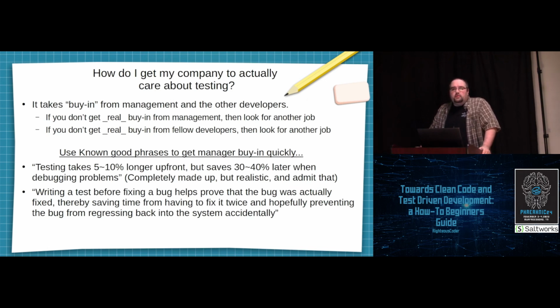If you explain it that way to a lot of management, they'll be more receptive to that concept. Writing tests before fixing a bug helps prove that the bug was actually fixed, therefore saving time and not having partial fixes go out into production. Having to fix it twice also helps in the long term by preventing bugs from regressing back into the code.